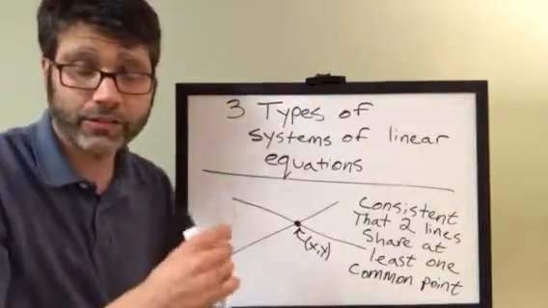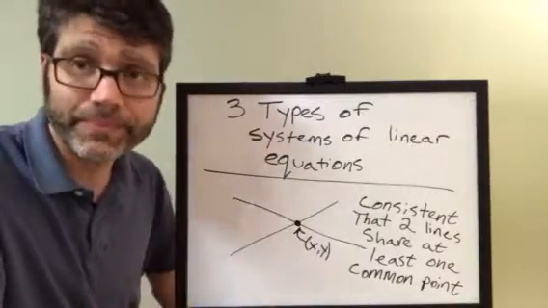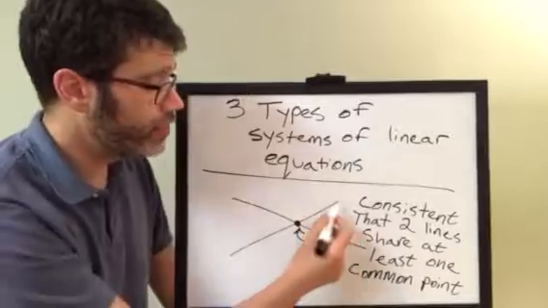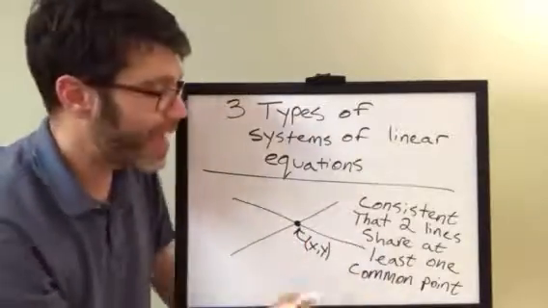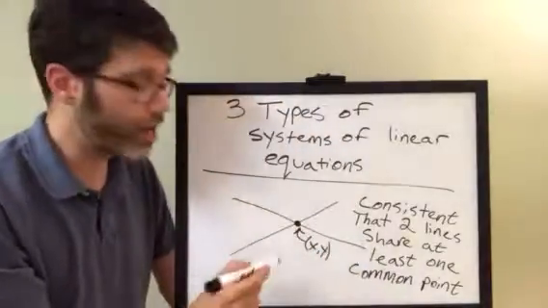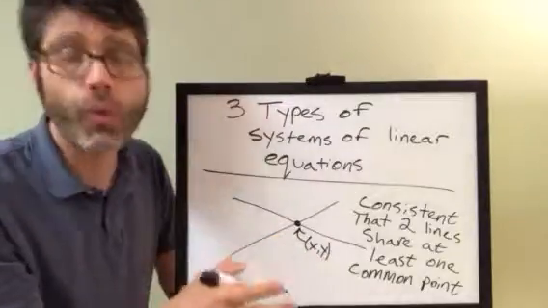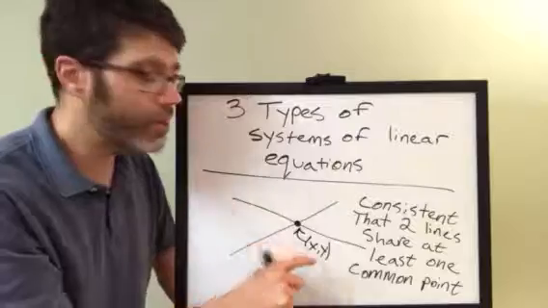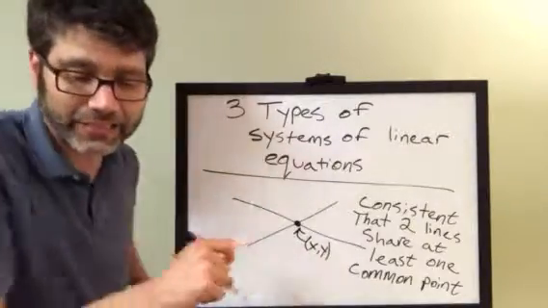Consistent lines, or a consistent system of equations, is a scenario where the two lines share at least one common point. That means one or more common points.